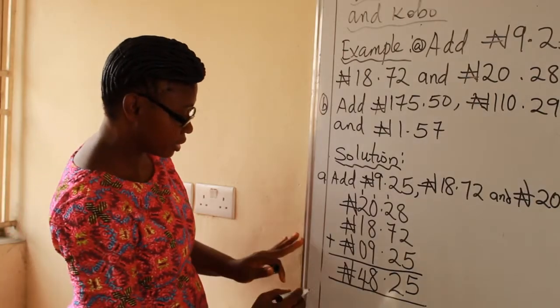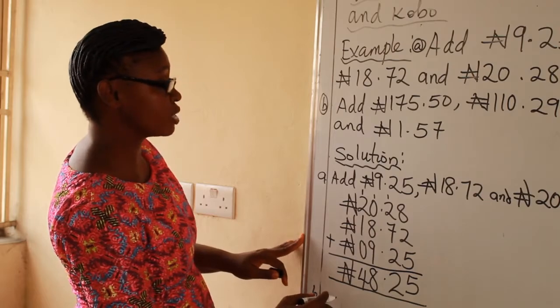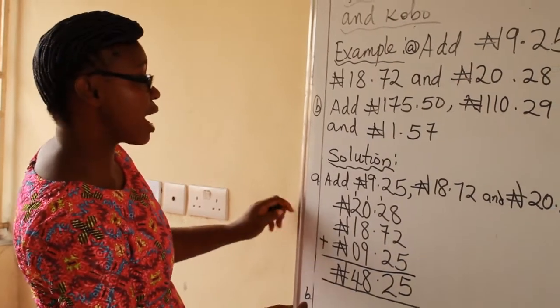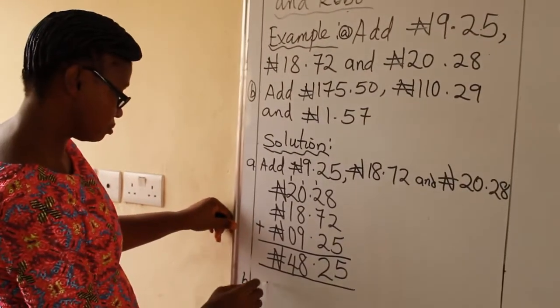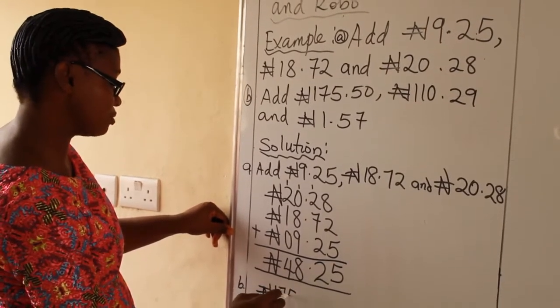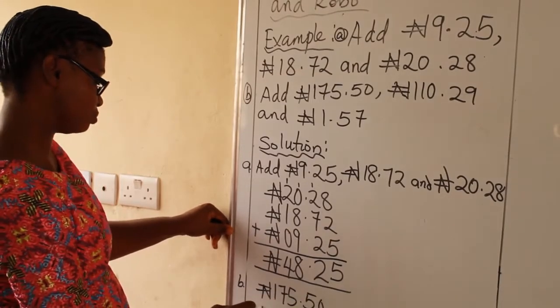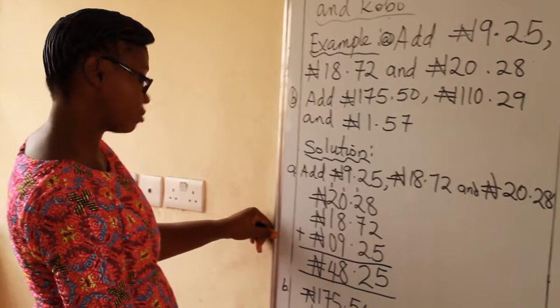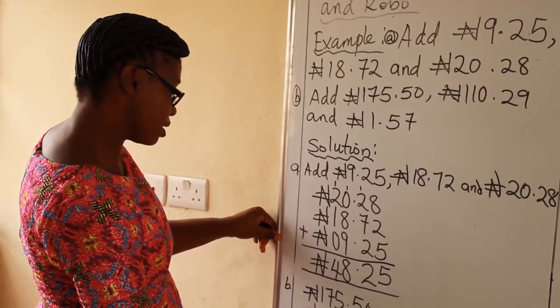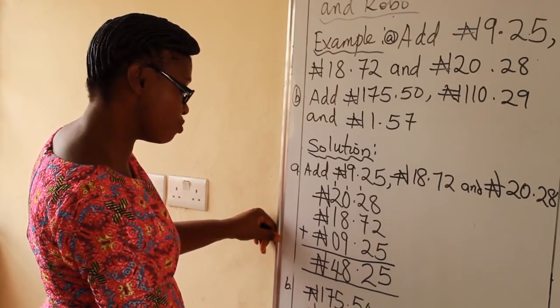Okay, let's take example B. We'll go straight, we're writing it down. We are asked to add 175 naira 50 kobo, 110 naira, how many kobo there? 29 kobo.